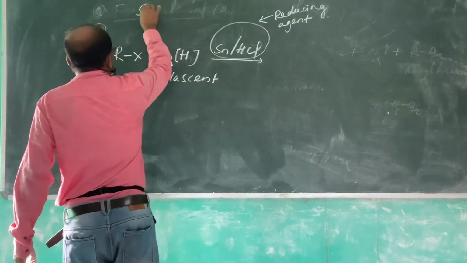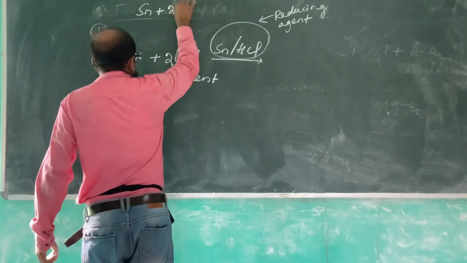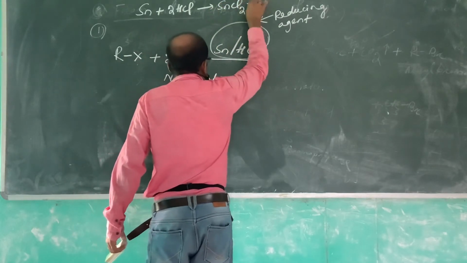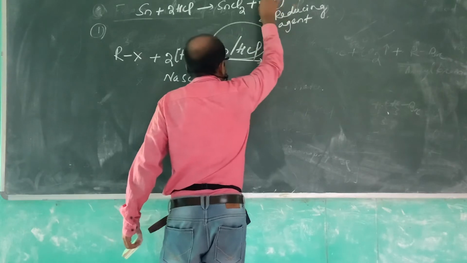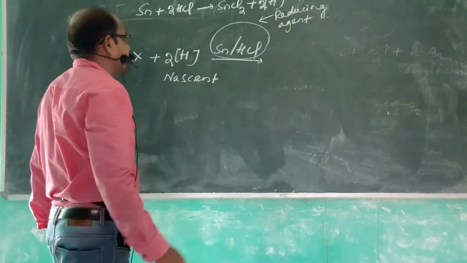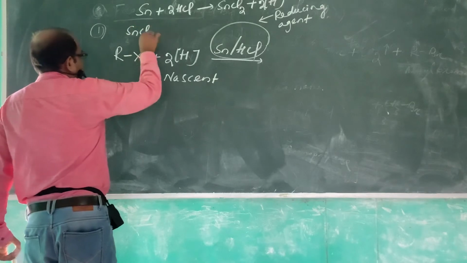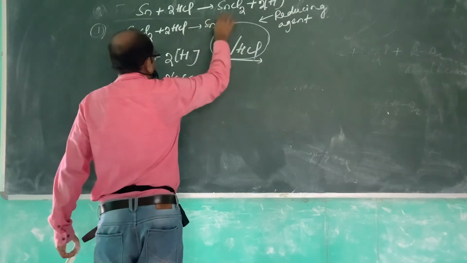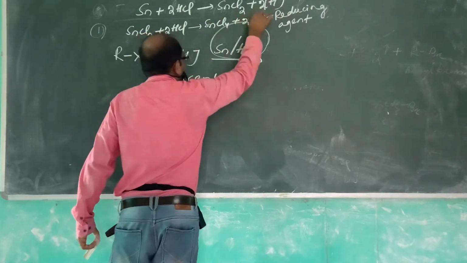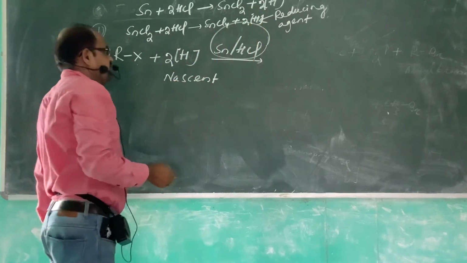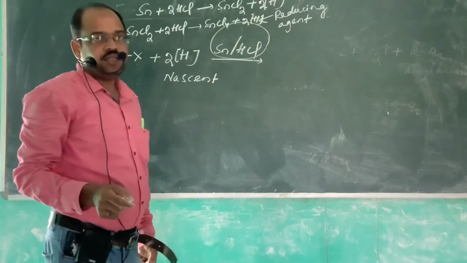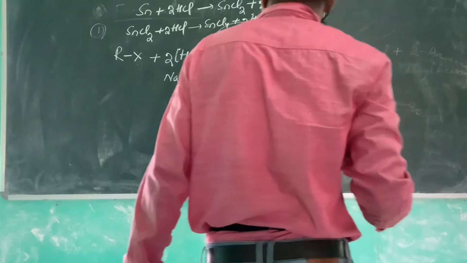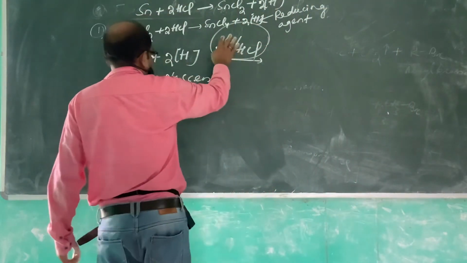When tin reacts with hydrochloric acid, it gives rise to stannous chloride with the liberation of two nascent hydrogen. Also, when stannous chloride reacts with hydrochloric acid, it provides stannic chloride with the liberation of two nascent hydrogen. As the mixture of tin and hydrochloric acid provides nascent hydrogen, that is why it is called a reducing agent.